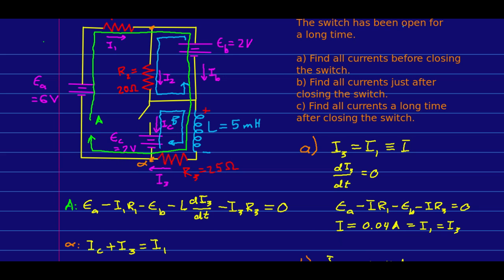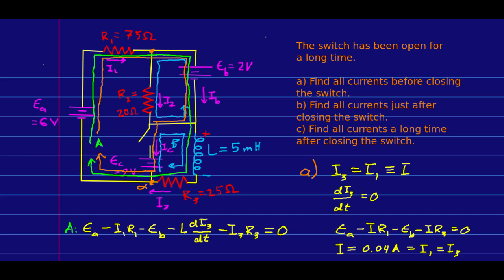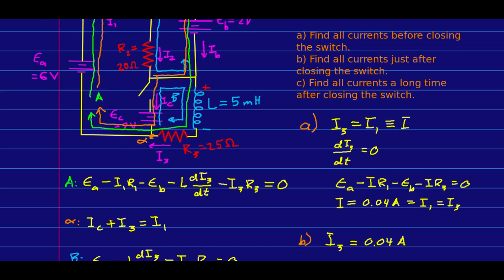So now a useful loop law to do, and I'm getting a few too many loops on this diagram, so it's getting a little messy, but if I do this loop, that is a loop that contains only one resistor, and so that would let me solve for I1 very easily, and then I can use this junction law to find IC. So let me just do that.